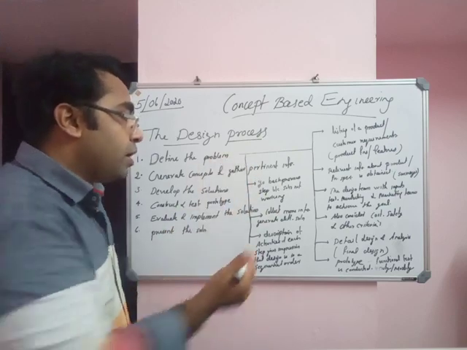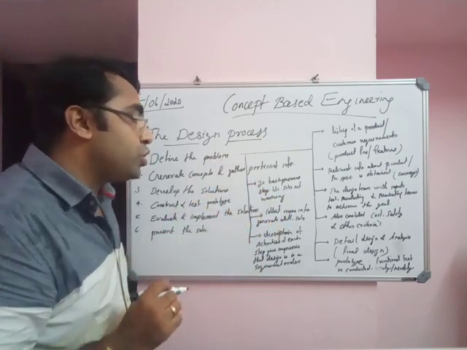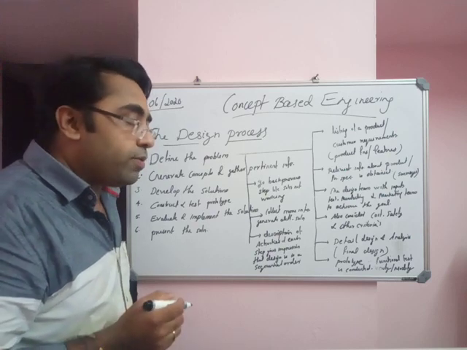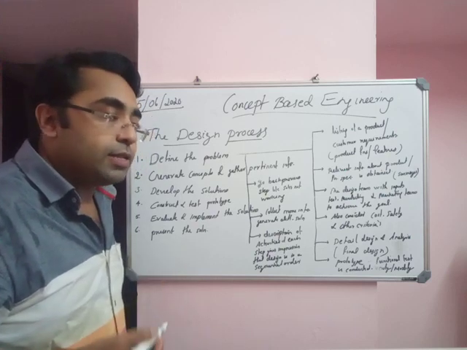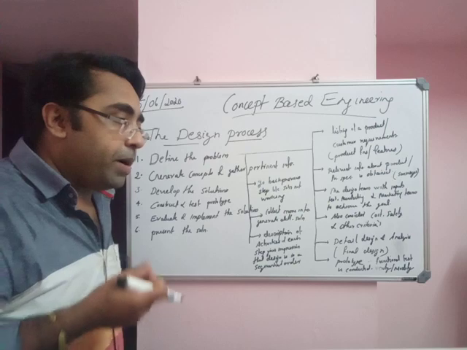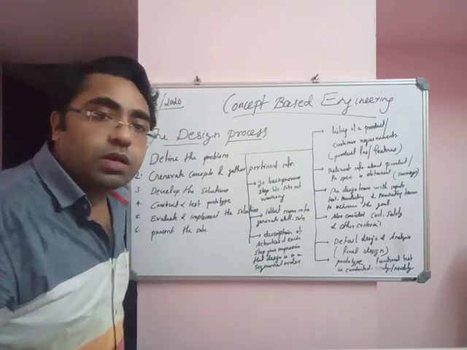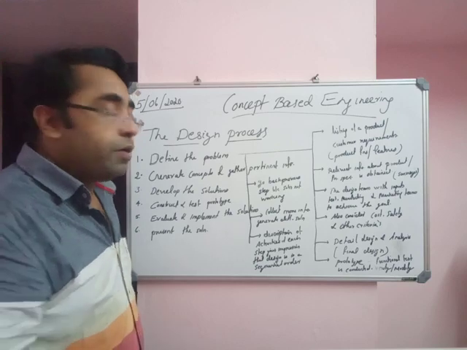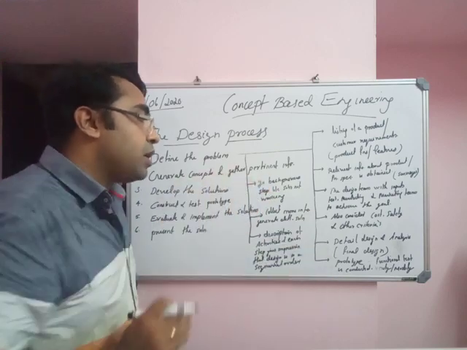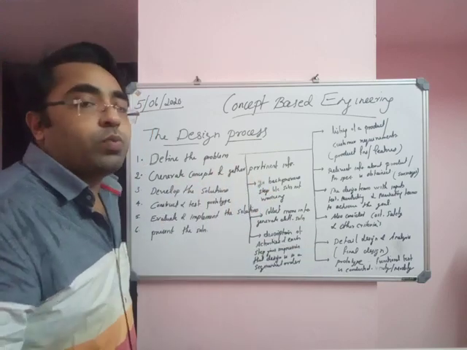Suppose in the designing process all the ideas are there, but the solution made as a prototype is not working, then what do we do? We will go back to the previous step because the solution is not working.